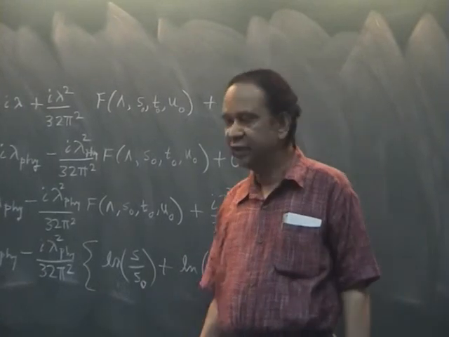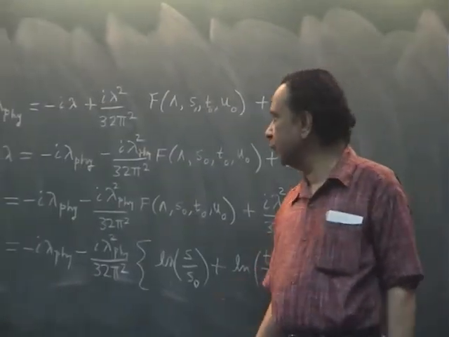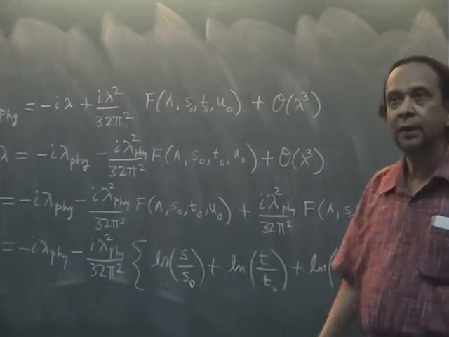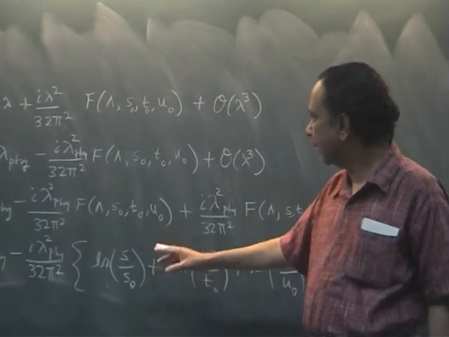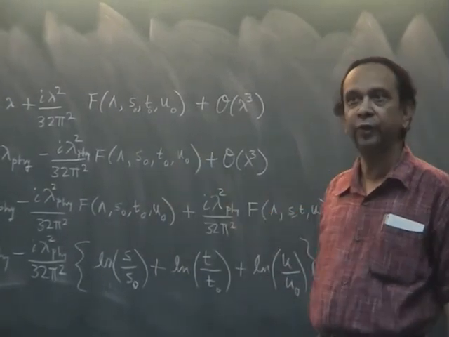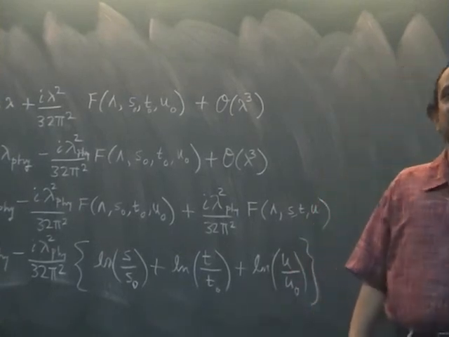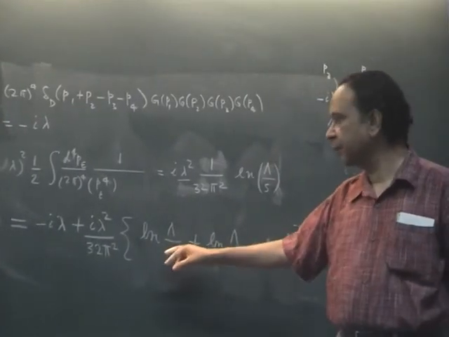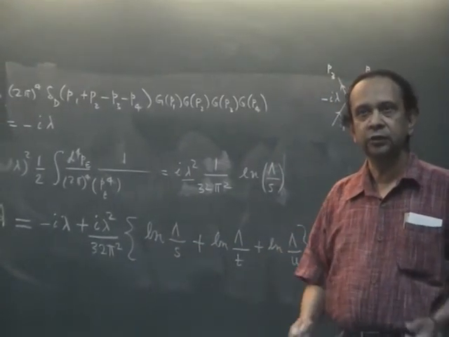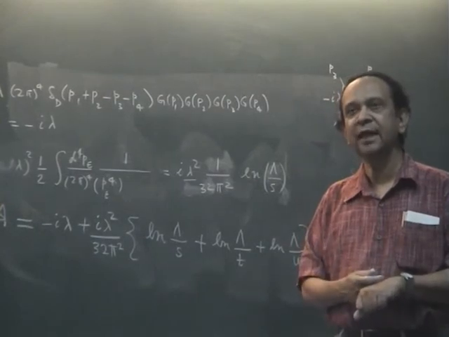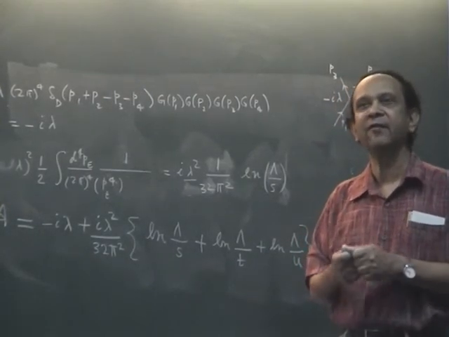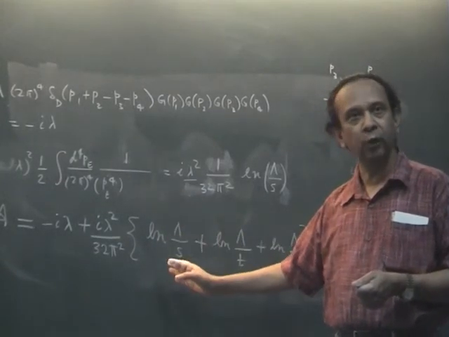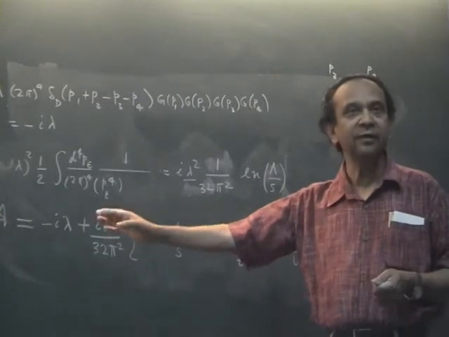So one way of saying this is, suppose you go back to this result or any of these. If you think of these quantities S0, T0, U0 being scaled by a factor mu, then all the logarithms will pick up that factor mu. Even more precisely, suppose you scale it with a factor mu1 and you scale it by a factor mu2. Then you will pick up a log mu2 by mu1, and that is how the lambda will change.